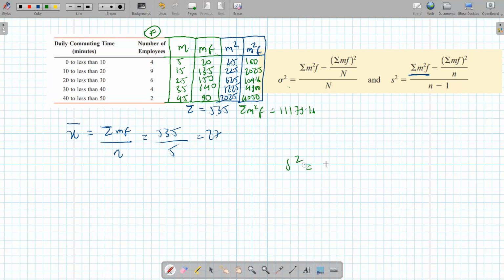So s squared is going to be summation m squared f, 11179.16, minus summation mf, which was 535, squared divided by 5, all over 4 minus 1, like that.